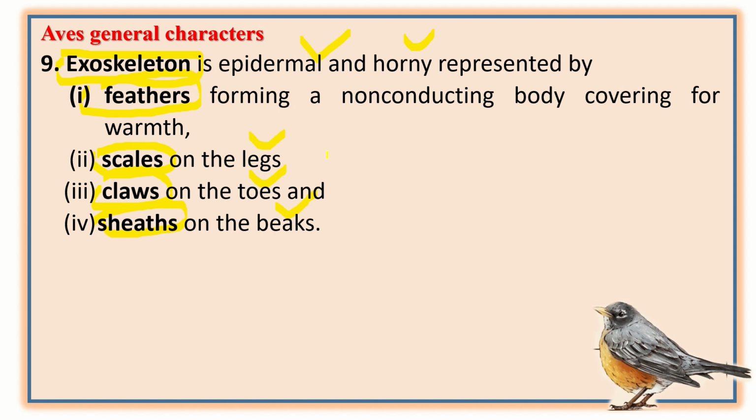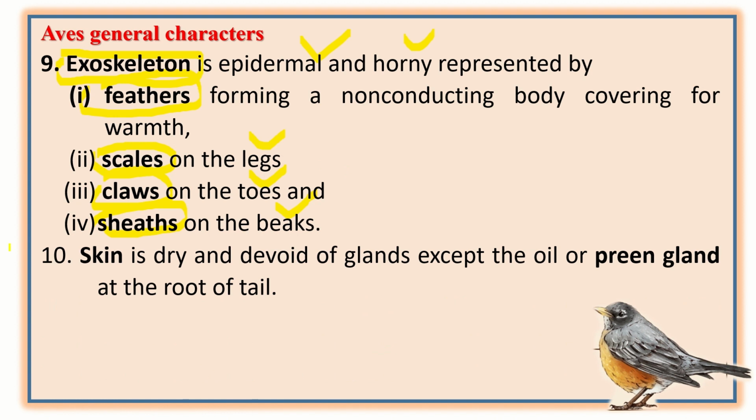Scales are on the legs, claws on the toes, and sheaths on the beak. Skin is dry and there are no glands over or beneath the skin except the oil gland, called the preen gland, which is present at the root of the tail and useful for dressing the feathers.